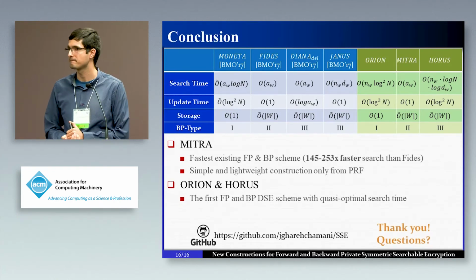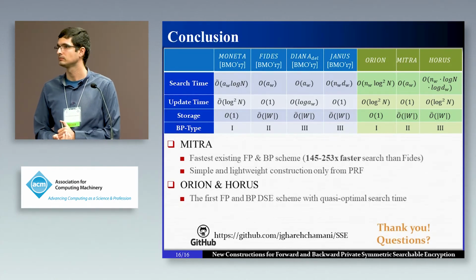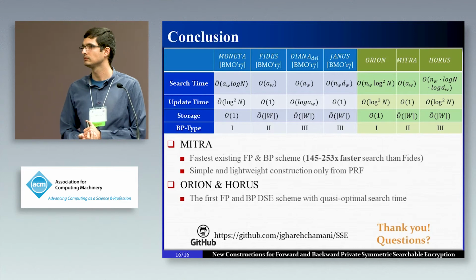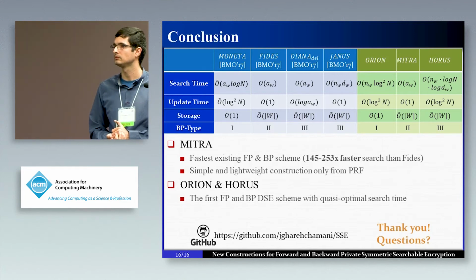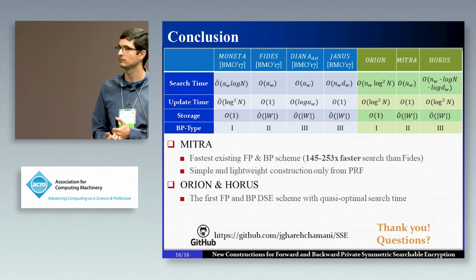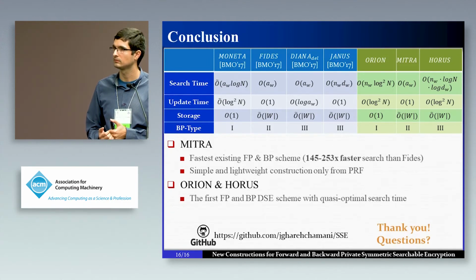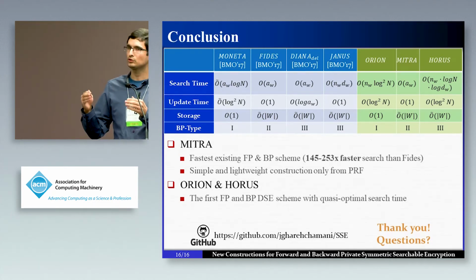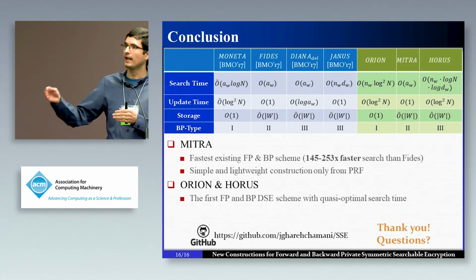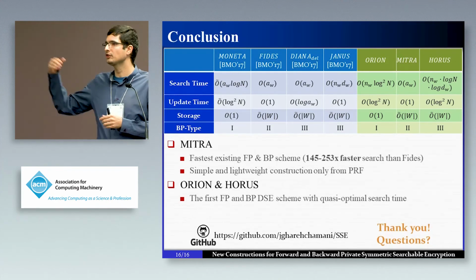Hi, thanks for your talk. I just have a general question. So just so I understand, forward privacy is designed to prevent a previously issued search token from revealing the keyword of an update before you query it again, right? Suppose you executed a search, and after that you execute another update.